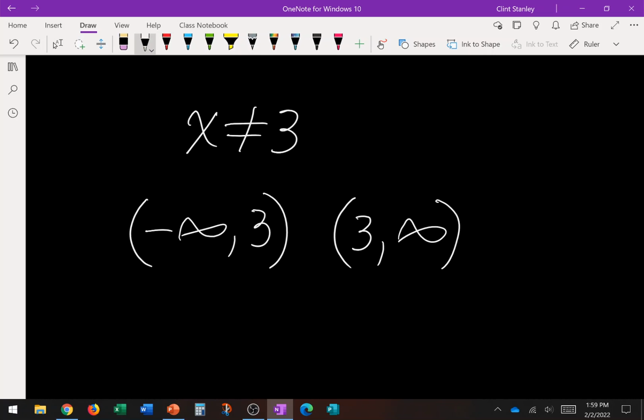That's kind of ugly. If you leave a number out, you've got a hole there in the number line. Looks like that.